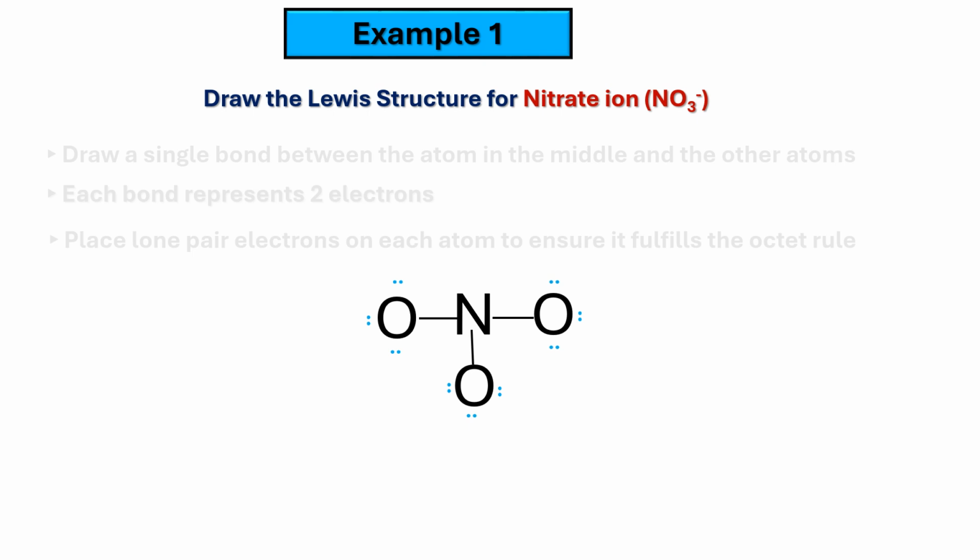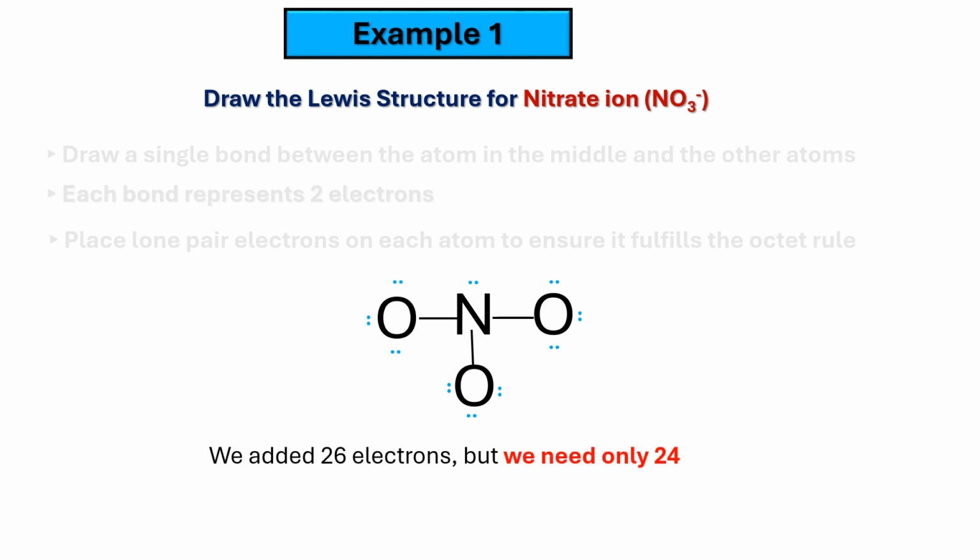Nitrogen already has 6 electrons because it has 3 bonds. We know that each bond provides 2 electrons, so for a total of 6 electrons so far. So we need to add 2 more electrons around the nitrogen. All right.